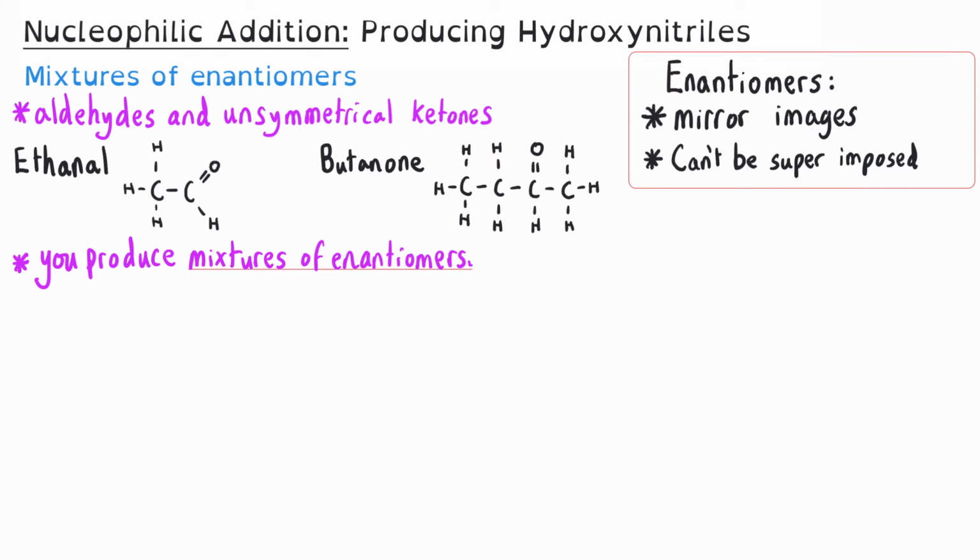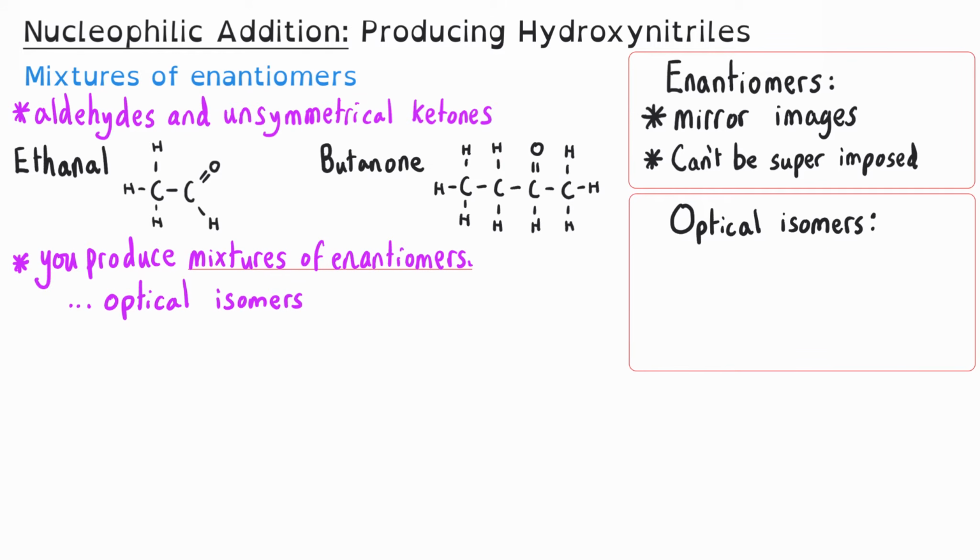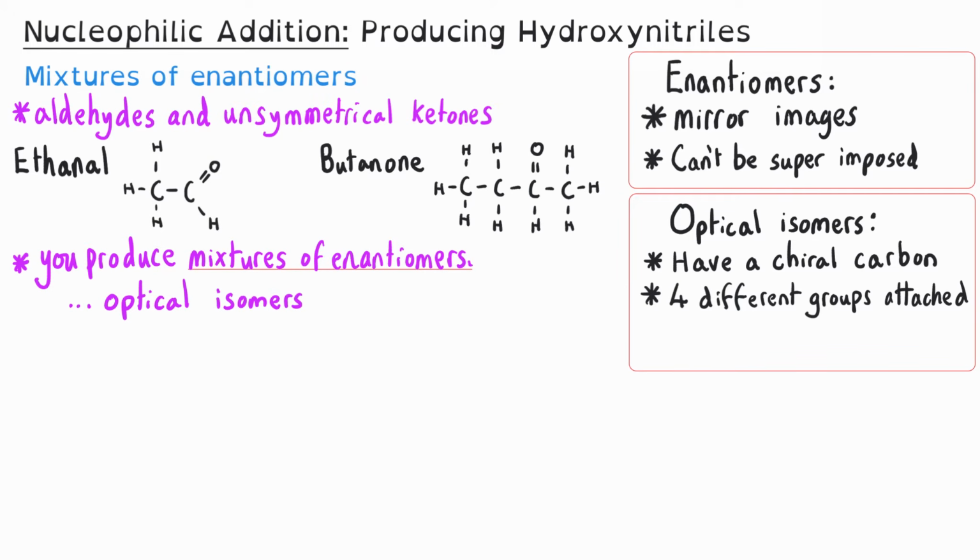Another way of referring to enantiomers is to call them optical isomers. And you get optical isomers when there is at least one chiral carbon within a molecule. A chiral carbon is a carbon atom in the molecule that has got 4 different groups attached to it.